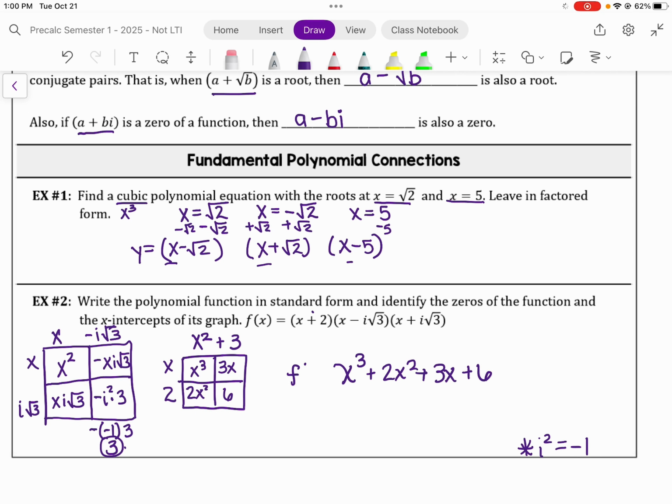I'm going to set that equal to f of x to call it a function. So I have switched my factored form into standard form. My zeros are negative 2, i square root of 3, and negative i square root of 3. And negative 2 is the only one that's going to cross the x-axis because the other two are imaginary.